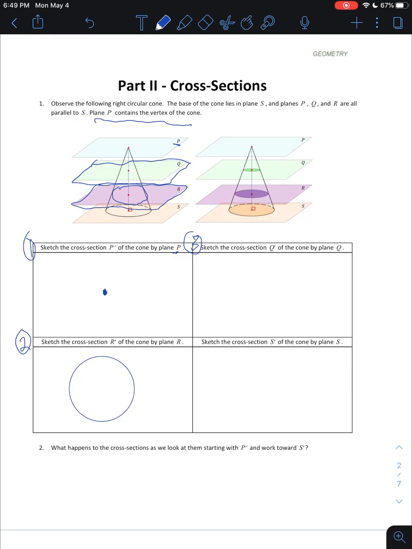But one thing you'll notice, and that you have to make clear when drawing it, is that, do you see how this circle on plane Q up here is smaller than the circle down here? So this cross section up here is smaller than the cross section down here, which makes sense because the cone in some sense gets smaller as it goes up, right?